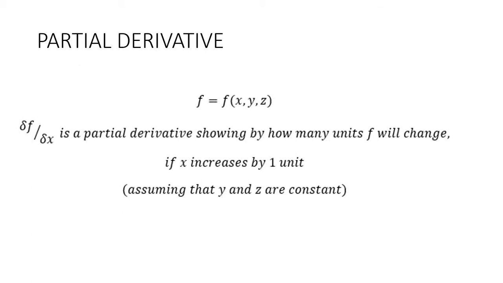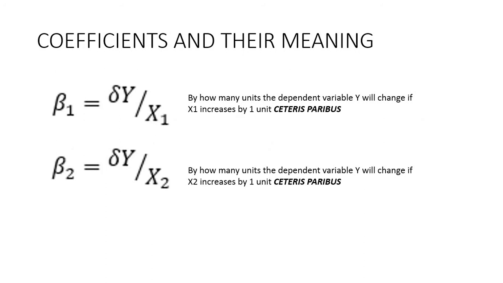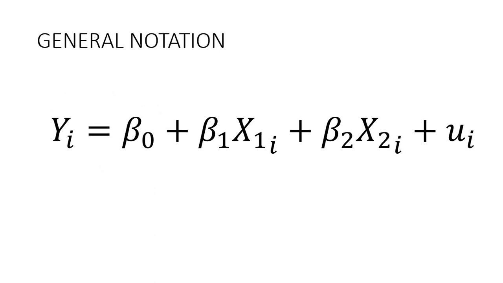So now we can get back to the model with several explanatory variables, and you can easily see that beta 1 is just the derivative of y with respect to x1, because if we assume that x2 is constant, then the derivative of this term is equal to 0, because the derivative of a constant is always equal to 0.